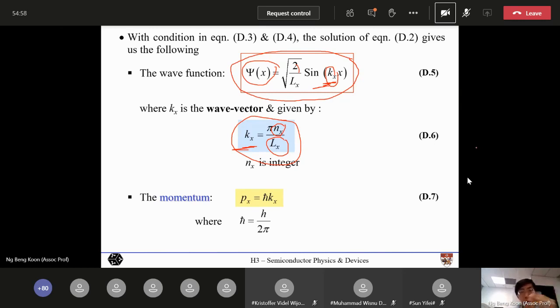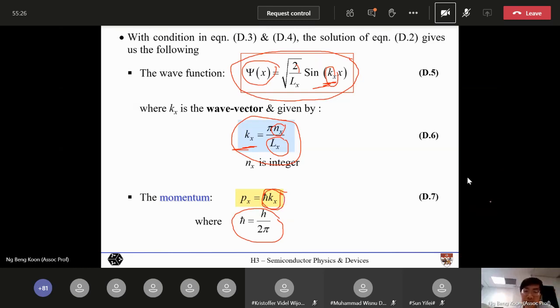So there are multiple solutions to this, or multiple behaviors of the electron. In this case, the momentum of the electron is described by h bar k. That's the definition of momentum in a quantum mechanical sense, where h bar is the normalized Planck constant. I mentioned this before, h over 2 pi. So that's the momentum of your electron.